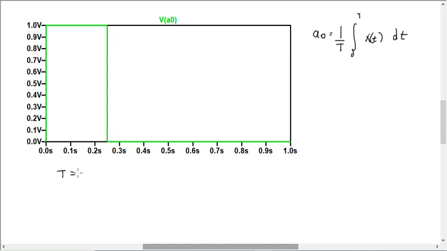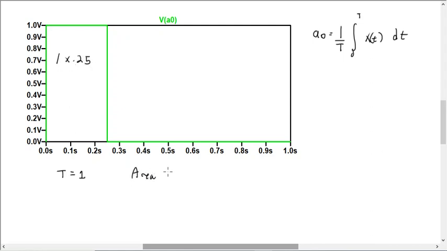So T is 1 second. Now this is the equation to find the DC component, and we're just taking the average, right? We integrate over one period and divide by the period. That's the average. And here we can just see, what is the area? It's just 1 times 0.25.